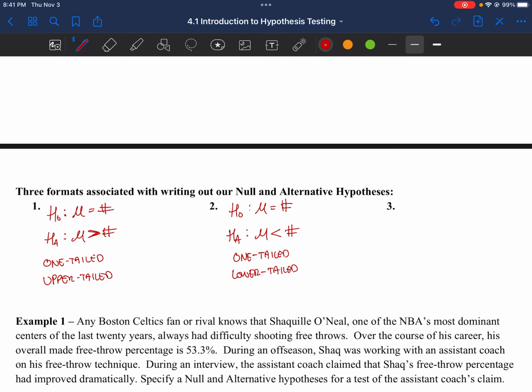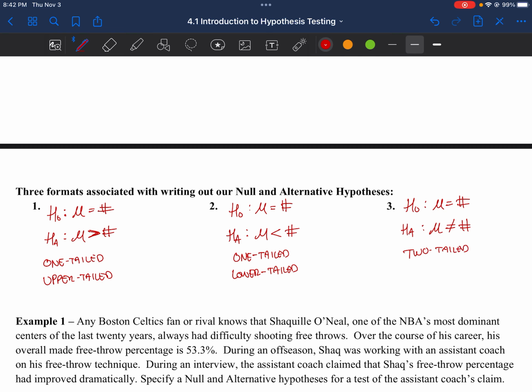And then, finally, we have our third situation where our null hypothesis, H naught, says I think the mean is what it's always been, historically. And somebody else comes along and says, no, I think it's changed. It's just no longer that value. So it could be greater than, or it could be less than. It's just going to be outside of some normal range that we're used to. This is called a two-tailed hypothesis test.